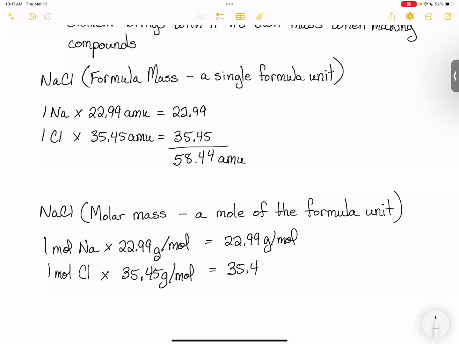So if we're talking about sodium chloride and its molar mass, it would be 58.44 grams per mole.